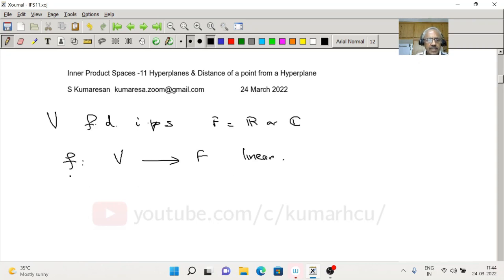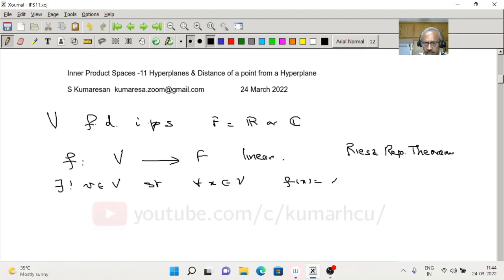Then we want to prove this, called the Riesz representation theorem, at least in functional analysis. There is a unique vector v in V such that for all x in V, f of x is given by the inner product of x with v.